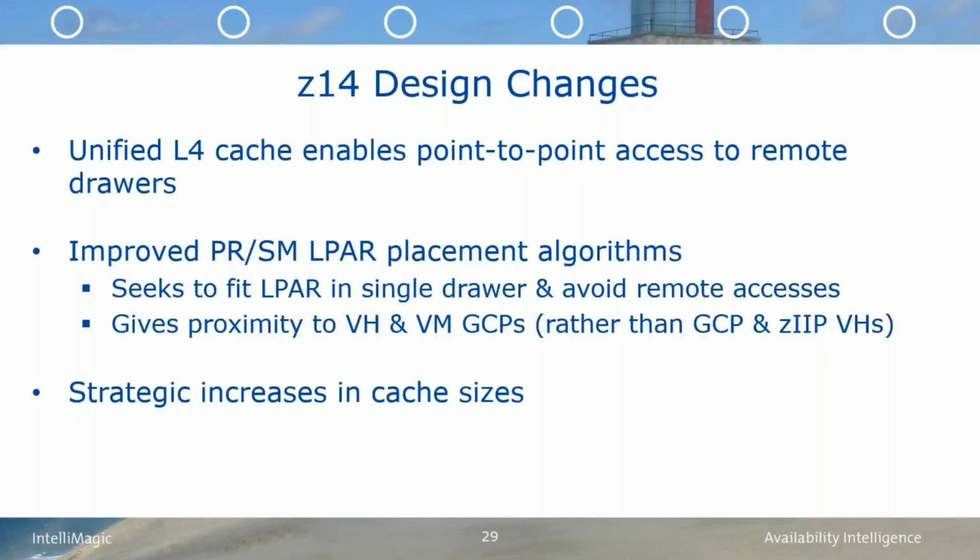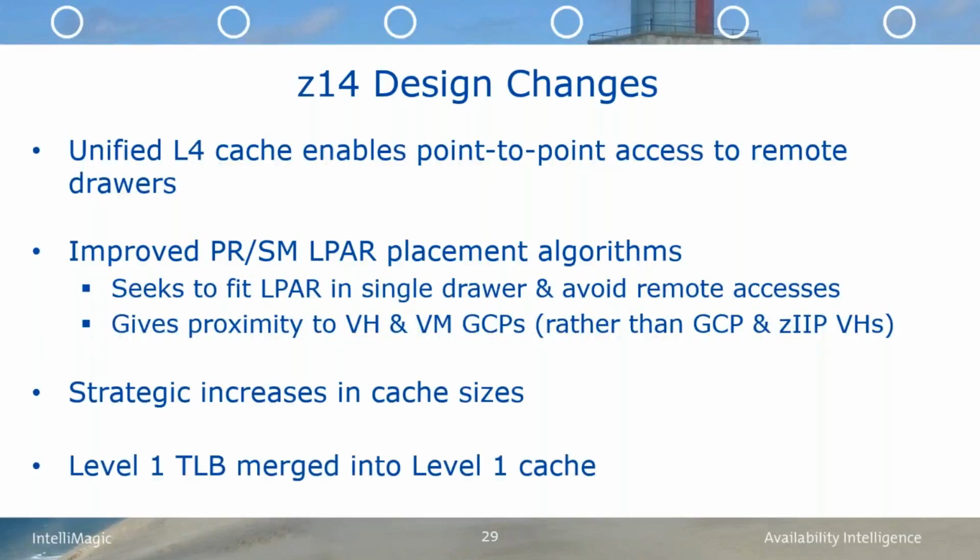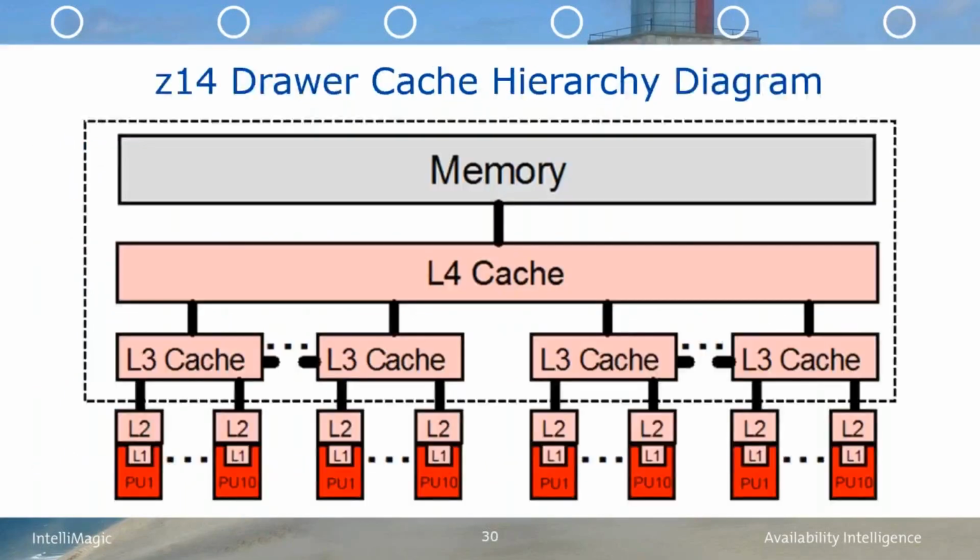Z14 also includes strategic increases to selected cache sizes, and finally, the level 1 translation look-aside buffer was merged into level 1 cache, eliminating level 1 TLB misses. So in this Z14 cache hierarchy diagram, we find a cache hierarchy in levels 1 through 3 that's largely similar to the Z13. But one very significant difference is the unified level 4 cache. So let's look at the rationale behind that.